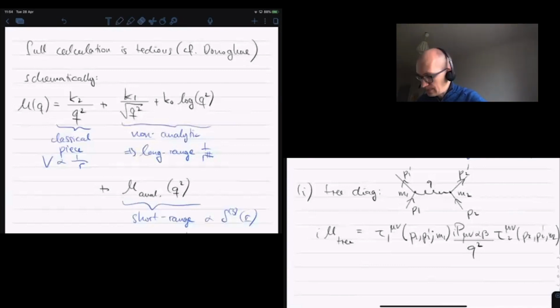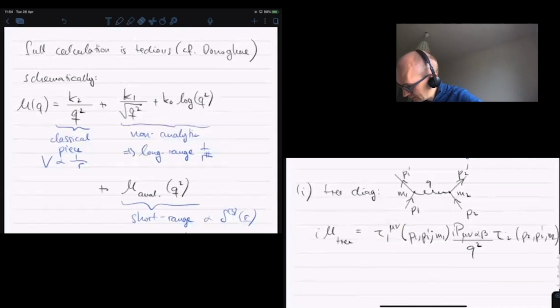Because it's a non-relativistic source, only the 0, 0 component is appreciable. Sorry, these are alpha beta indices. The same is true here. So you project on the 0, 0 component, and each of them gives you a factor of the mass.